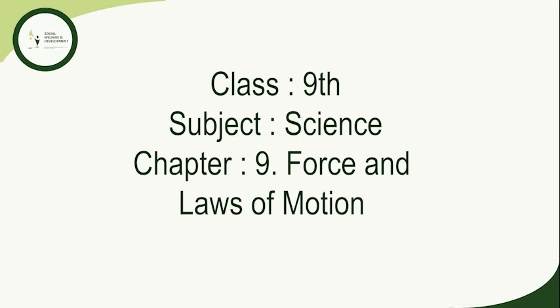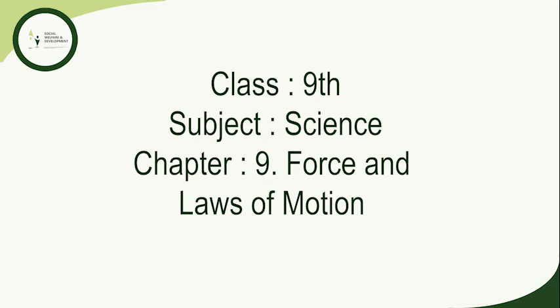So guys, we will now study conservation of momentum. Suppose two objects of masses mA and mB are traveling in the same direction along a straight line at different velocities uA and uB, and there are no external unbalanced forces acting on them.